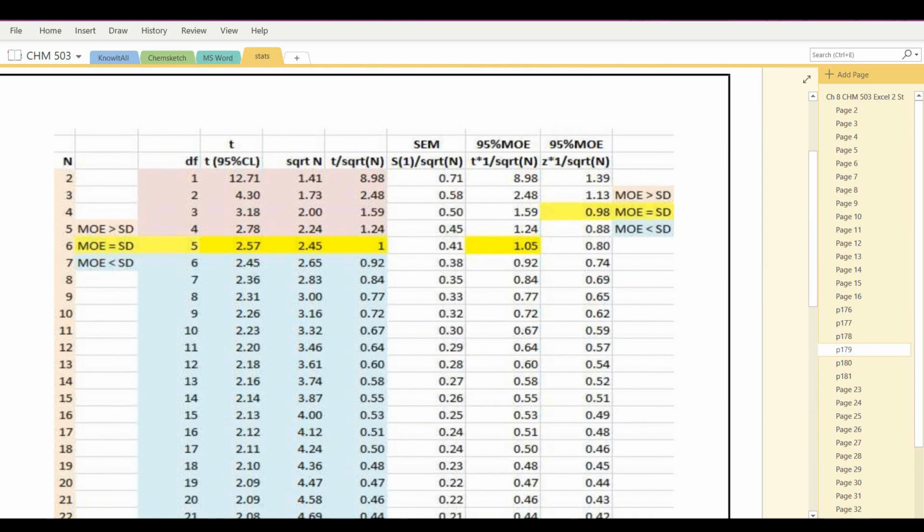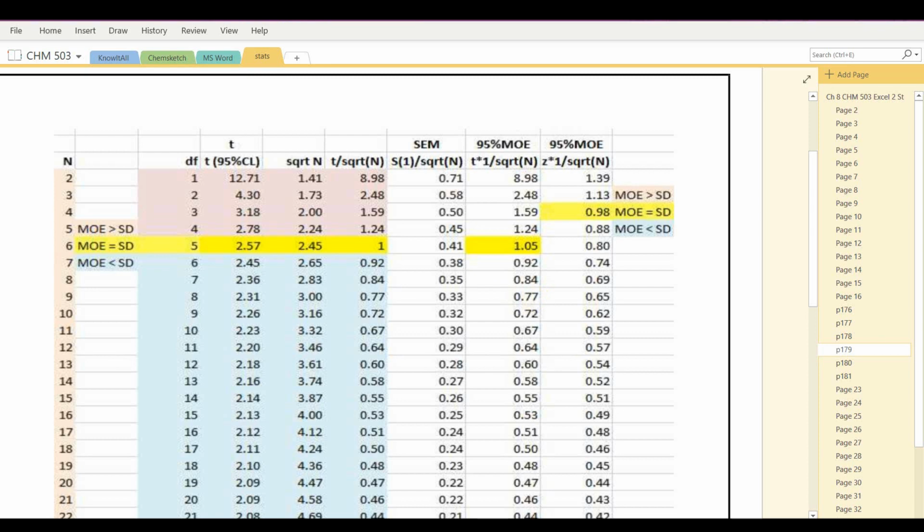So here is the margin of error, assuming standard deviation of 1. The margin of error will actually finally come down to about 1 when we have 6 samples, or 5 degrees of freedom. It's only when you have more than 5 degrees of freedom, or more than 6 samples, that your margin of error actually gets smaller than the sample standard deviation.